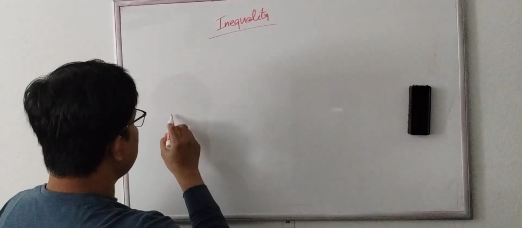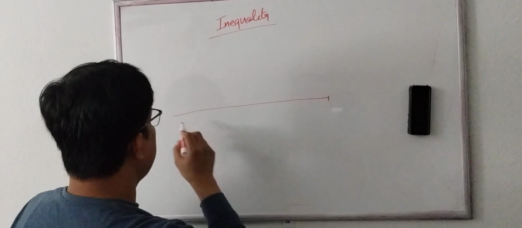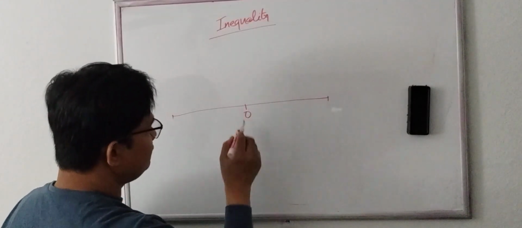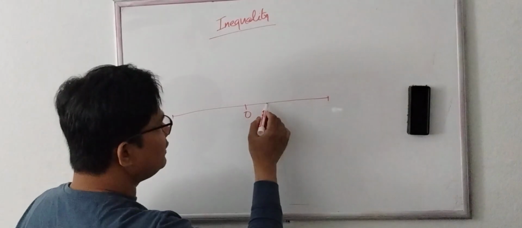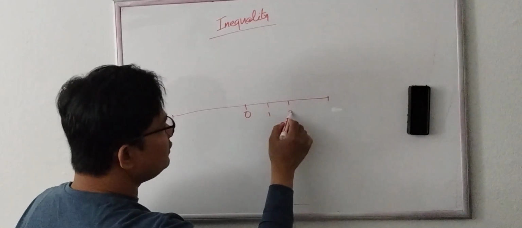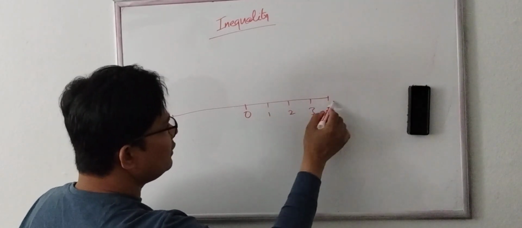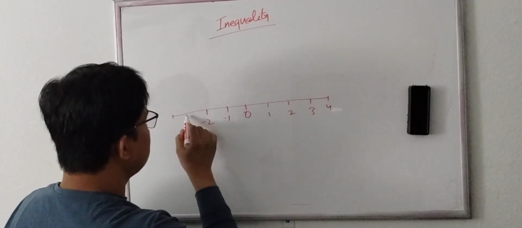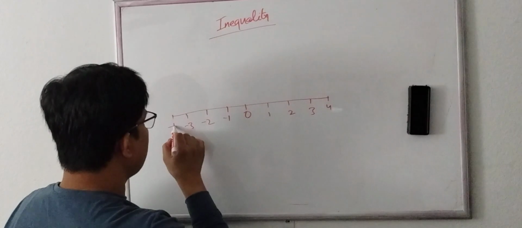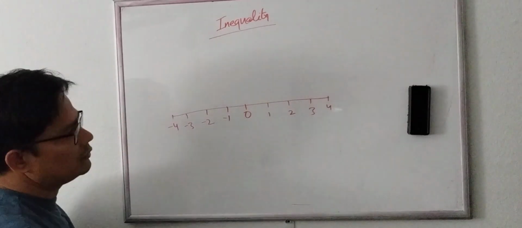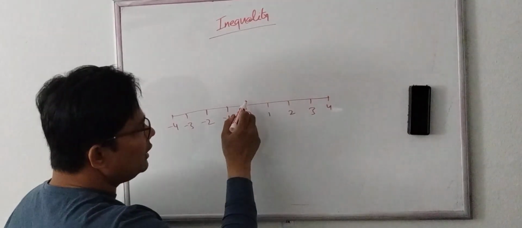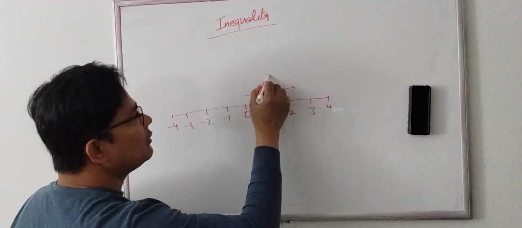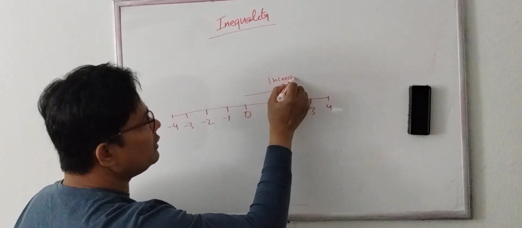Now let's talk about the number line. It's nothing, just representing the numbers on the number line. 1, 2, 3, 4, -1, -2, -3 and -4. So what we have learned is that if we go to this side, the number increases.